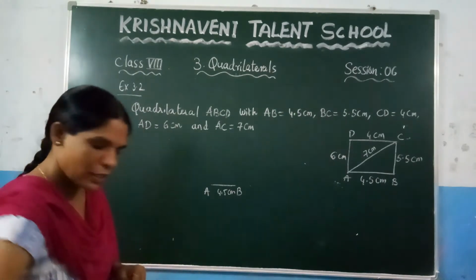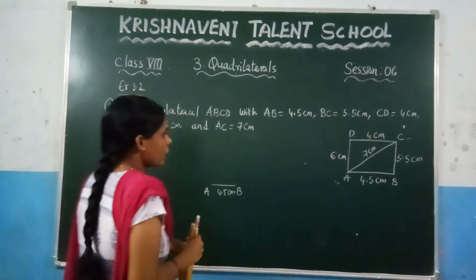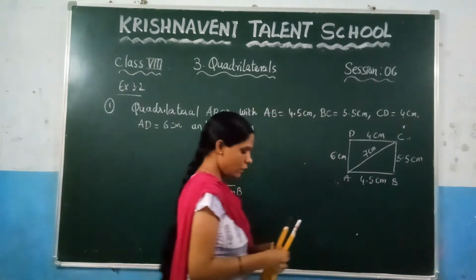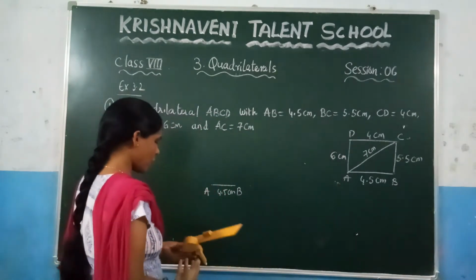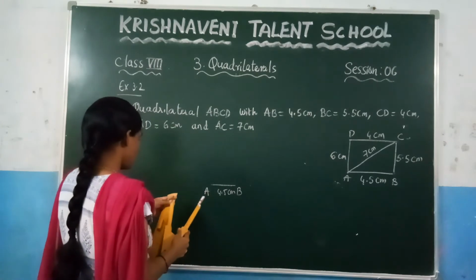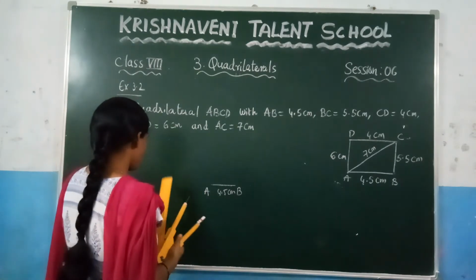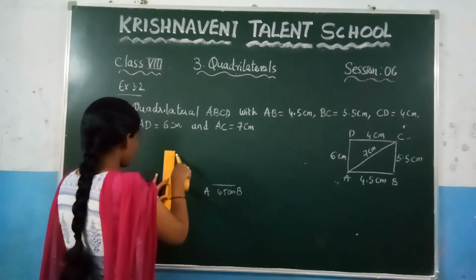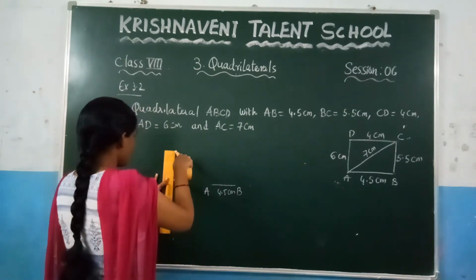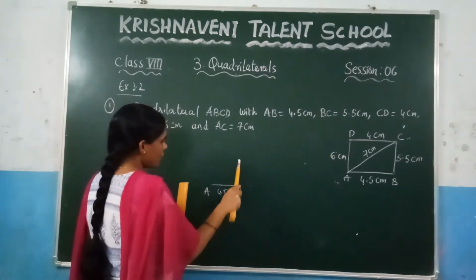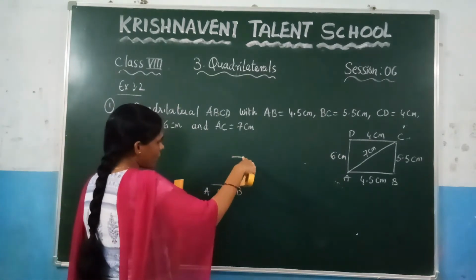Now with the help of the compass, take an arc of 5.5. In between 5 and 6 you will have 5.5. So this is 5.5, in between 5 and 6, and you need to take it up to 0. So this is the length of 5.5. At this point make an arc of 5.5.